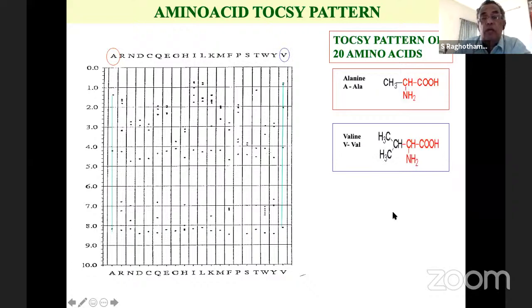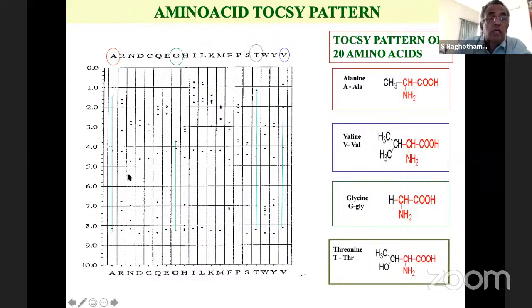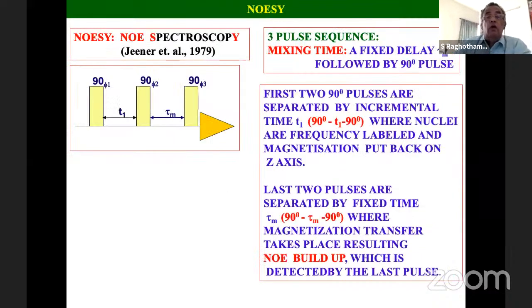So that is the alanine pattern, that is the valine pattern, that is the glycine pattern, and that is the threonine pattern. Likewise, every amino acid has its own individual pattern, and this is useful for your analysis. Okay, so that is about the first 2D experiment called the correlation spectrum.